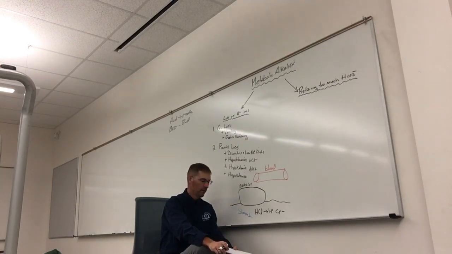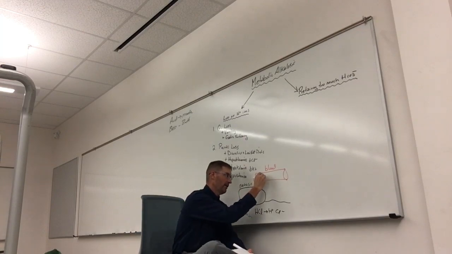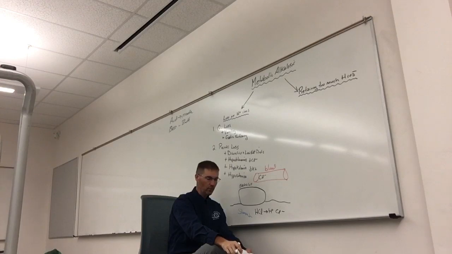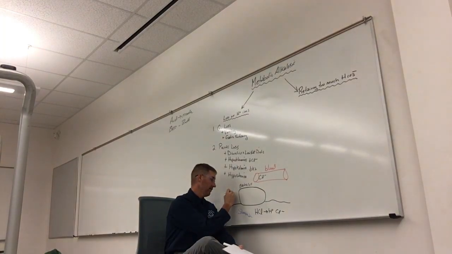Well, first of all, you have a lot of chloride in your blood, right? So what happens in your gastric cells is something very similar to what happens in the red blood cells, right? So you have CO2, right?